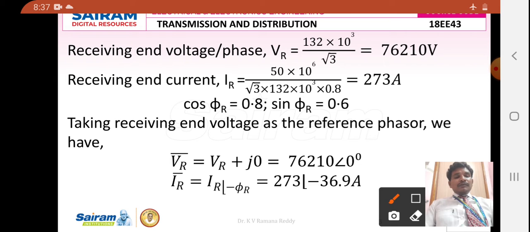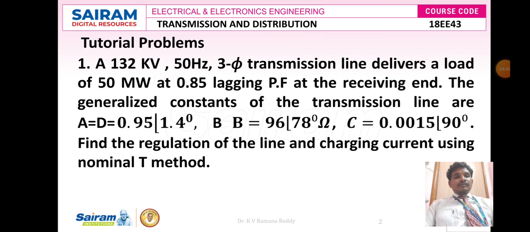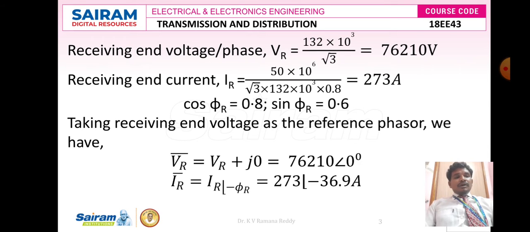Minus phi r gives e power minus j phi r, which by Euler's identity is cos phi r minus j sin phi r, so here we get minus 36.9 degrees as the angle.